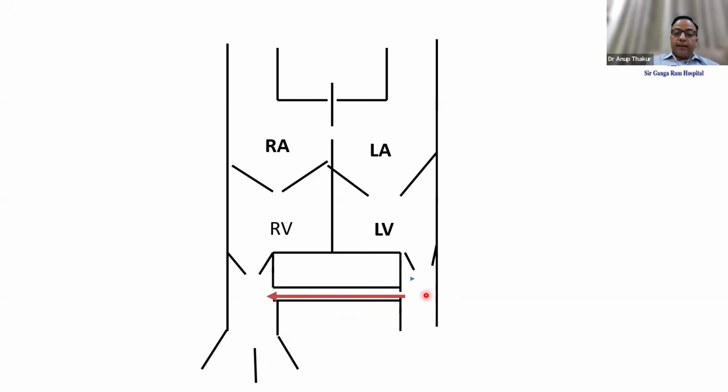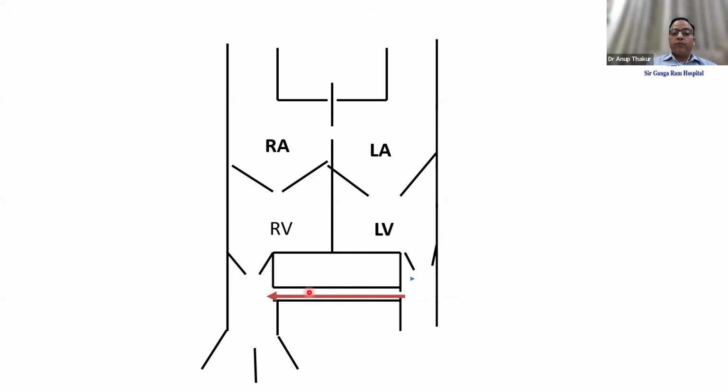Then there is the direction of shunt when there is a hsPDA. It will be left to right purely, or at least predominantly. You can look for the direction of the shunt on functional echo by putting color. You can also guess whether the duct is small or large by looking at the color of the duct.